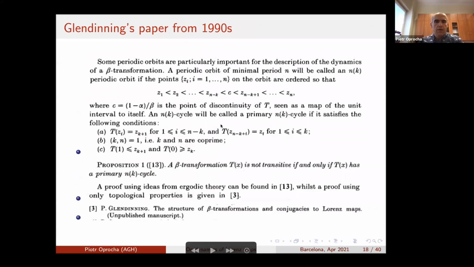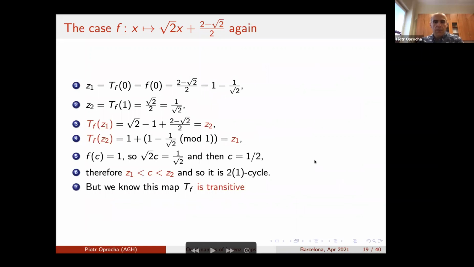Right, so it was telling, okay, if there are 2, they just have to be a periodic orbit. It will be an N1 cycle, so the numbers are definitely coprime, and here we will have equality, so everything is satisfied. But this map is transitive. Okay, so it shows that there is something wrong with this theorem.